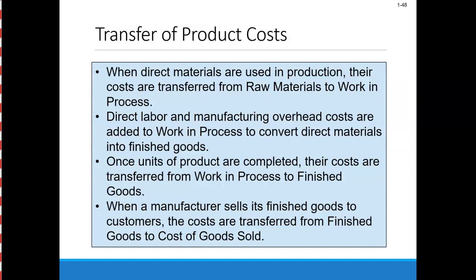And ultimately, it stays in work in process until the goods are finished and ready for sale. Once those products are completed, their costs are transferred from work in process to finished goods. Then finally, when the manufacturer sells its finished goods, it goes out of the finished goods inventory to cost of goods sold, which is an expense on the income statement. Correct?